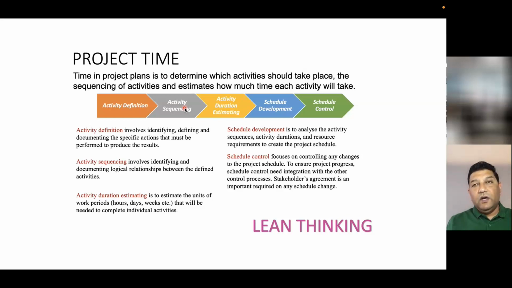You might need to hire skips as well. All these activities you should be sequencing. Once you sequence that, you can allocate the time, the duration, and you can allocate the cost as well based on the time. Then you are looking at duration estimating based on the activity, and schedule development. Then you can develop your schedule of how long it will take.